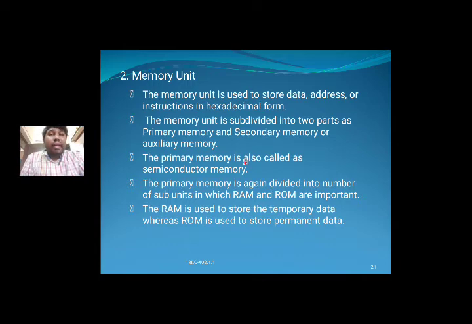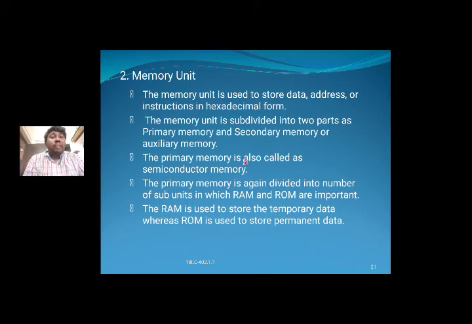Again, I am repeating a small discussion of the memory unit. The memory unit is used to store the data, addresses, or instructions in a hexadecimal form. This is the first point. The memory unit is subdivided into two parts as primary memory and secondary memory. The primary memory is also called the semiconductor memory.